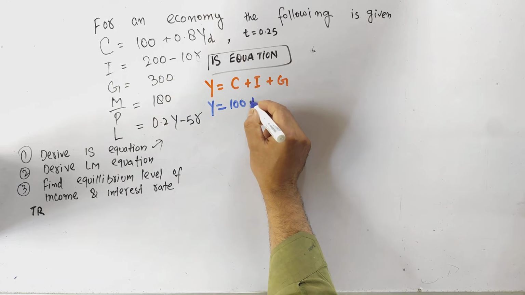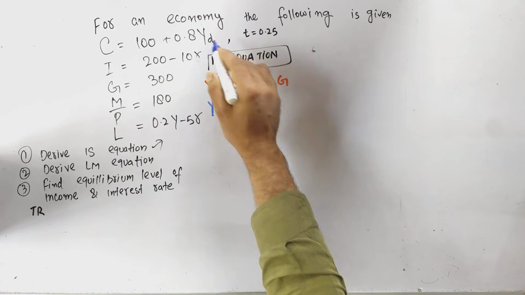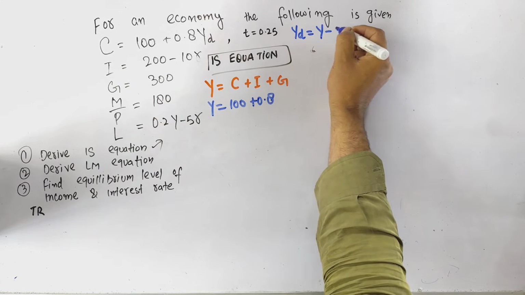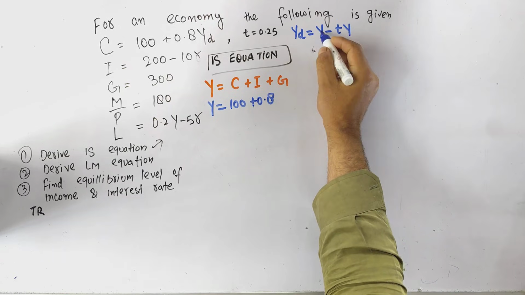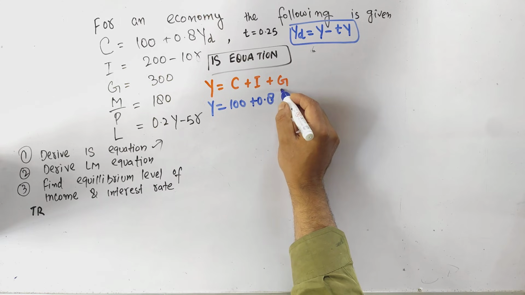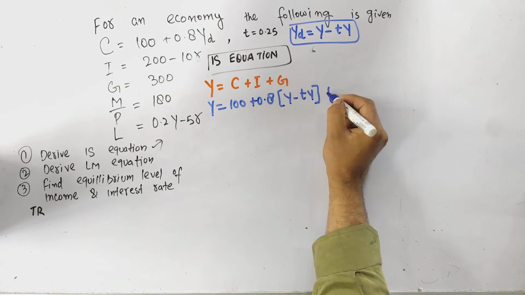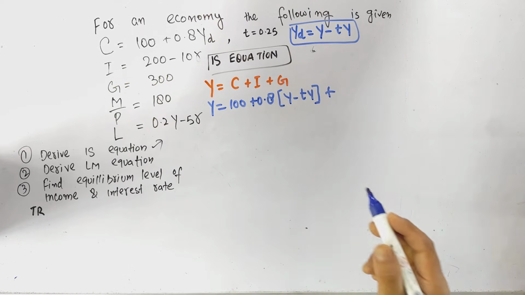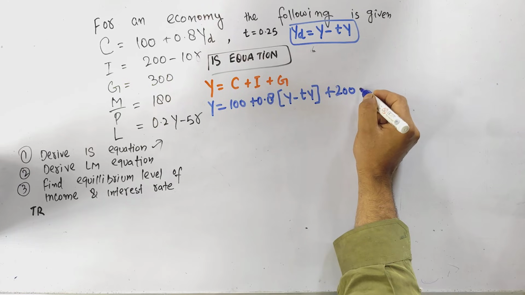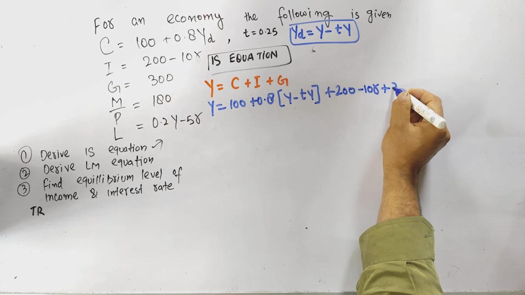Plus we have 0.8 times disposable income, and we know that Y subscript D, the disposable income, is simply equal to the total income minus the tax paid on that income, that is Y minus T times Y. So we write Y minus TY, plus the investment, which is 200 minus 10R, plus the government spending, which is autonomous here, which is 300.